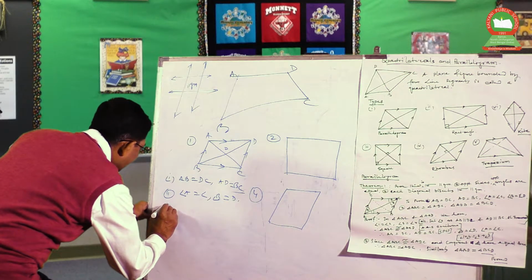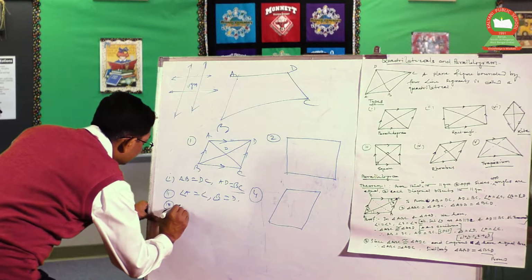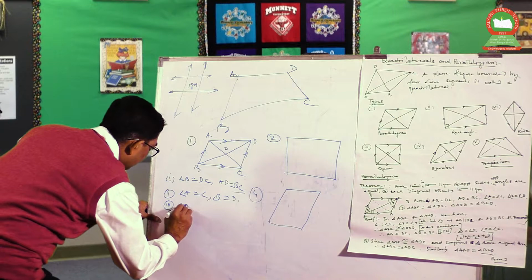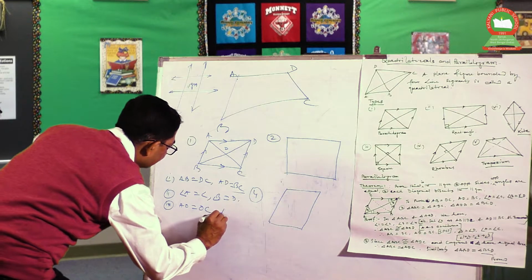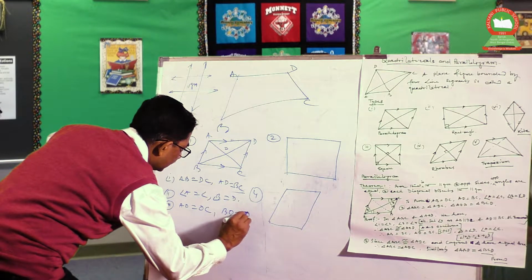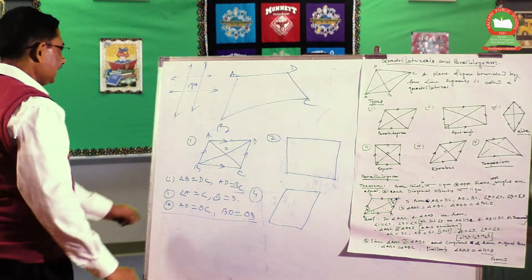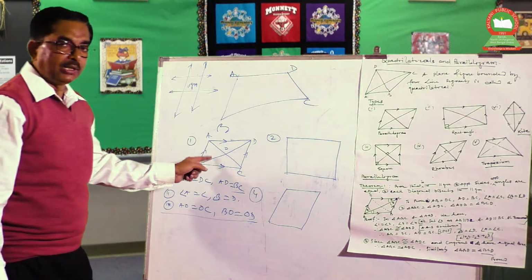Bisect each other means AO equal to OC and BO equal to OD. So these are the properties of the parallelogram.